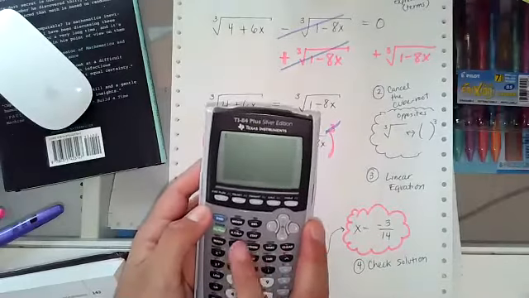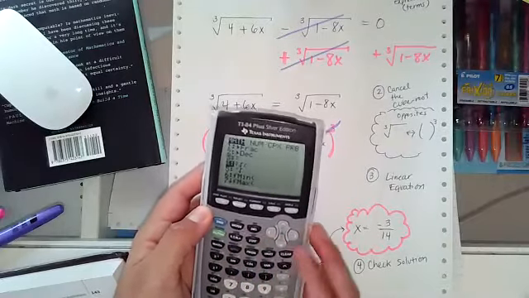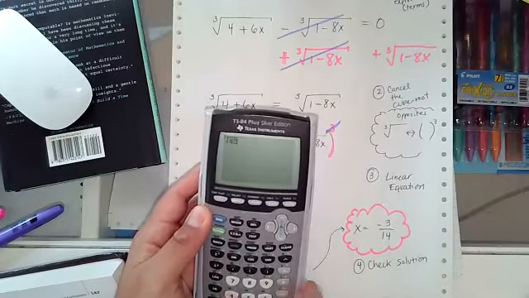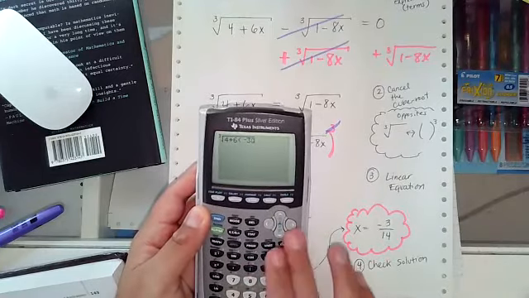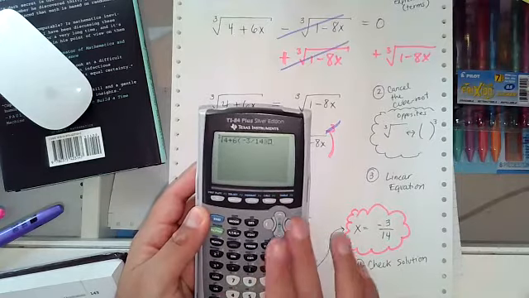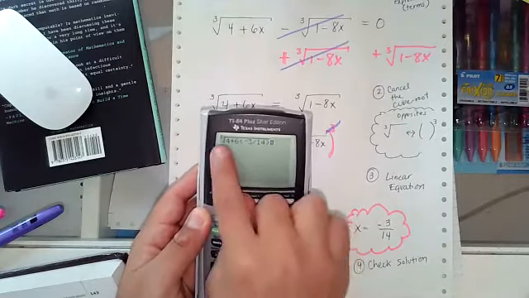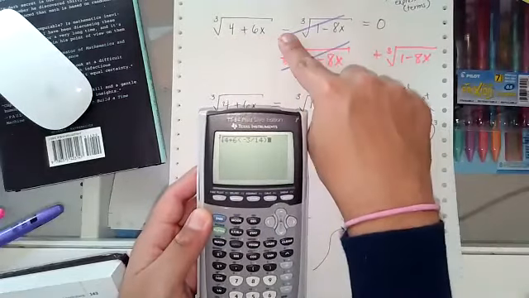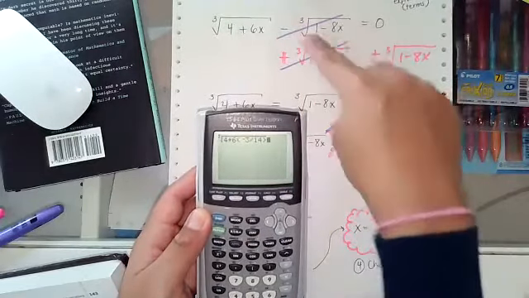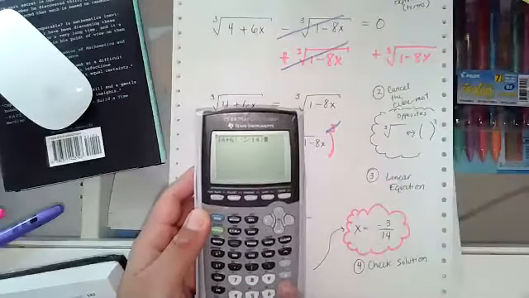You go to math, select the cube root, 4 plus 6 times -3 over 14. So that's this expression here. Then we're going to subtract this guy and see if we get 0.